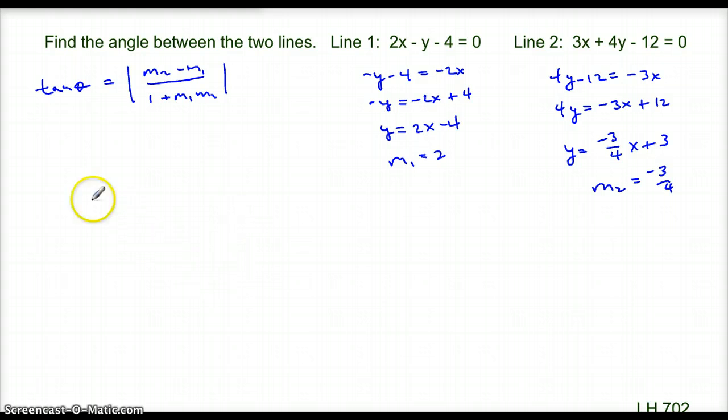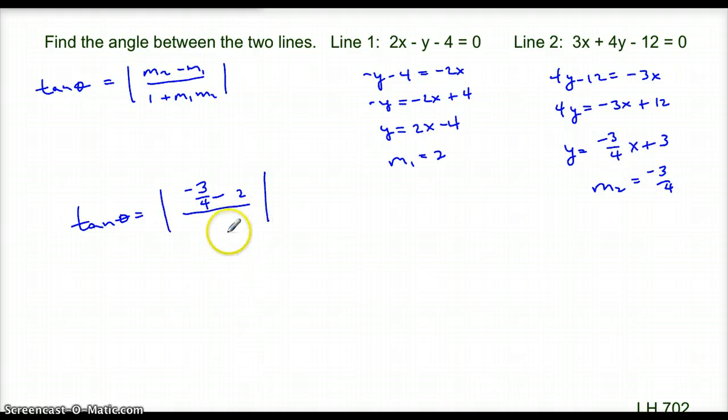So my tangent of the angle is equal to the absolute value of the slope m2, negative 3/4, minus 2, divided by 1 plus m1 times m2. Just plugging in the values.